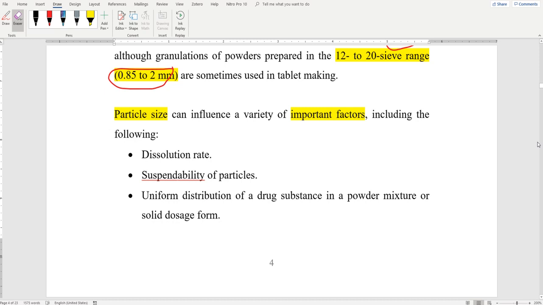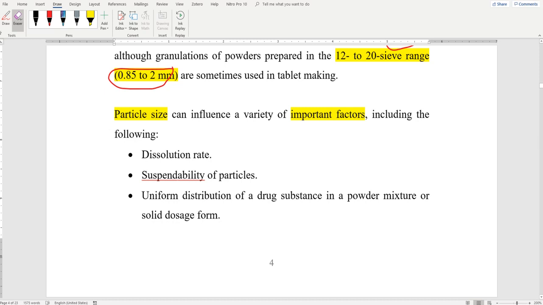So the drug is not alone. Because of that, it's very important to make sure the drug is uniformly distributed in the powder mixture. What does uniformly distributed mean? If you take any part of the powder, you will find a similar amount of drug. Not like in certain parts there is more drug than in other parts of the powder mixture.